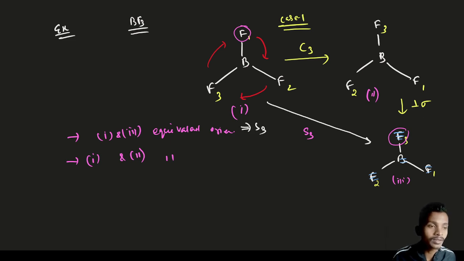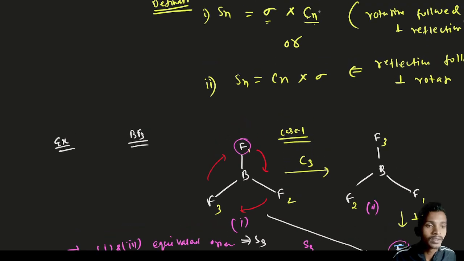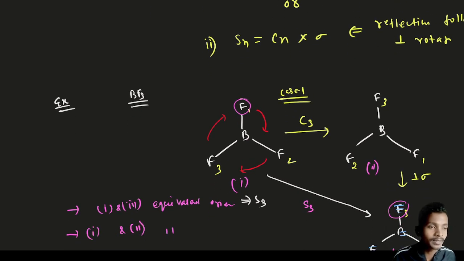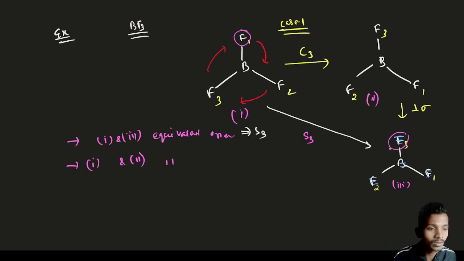Because an S3 axis means rotations followed by reflections. After rotations followed by reflections, I am getting an equivalent orientation. Although this is going to the back side, in place of atoms, atom is there, and that is called equivalent orientation, as we already discussed in the past class. So here the S3 axis is present. Similarly 1 and 2 are equivalent, so the C3 axis is also present.